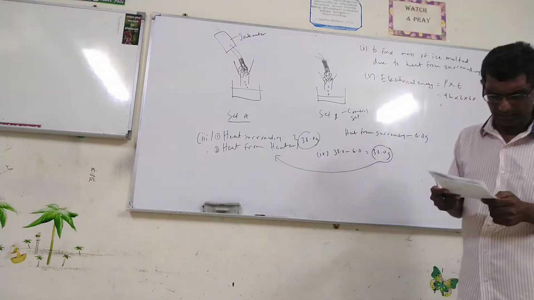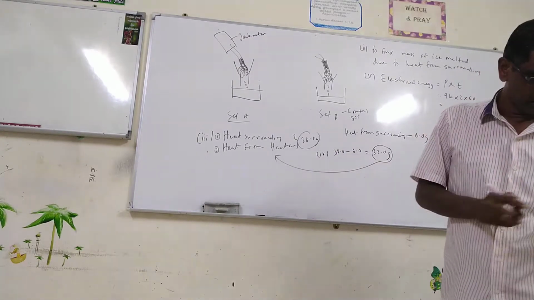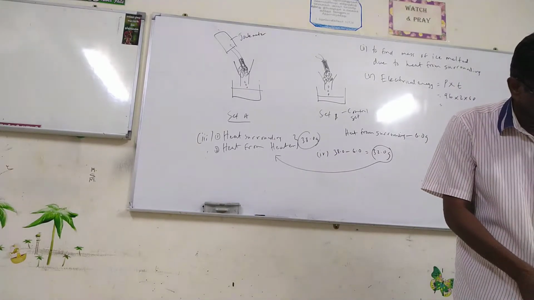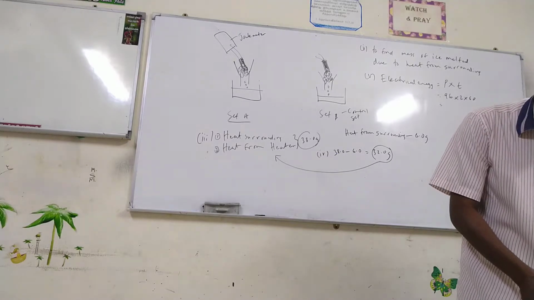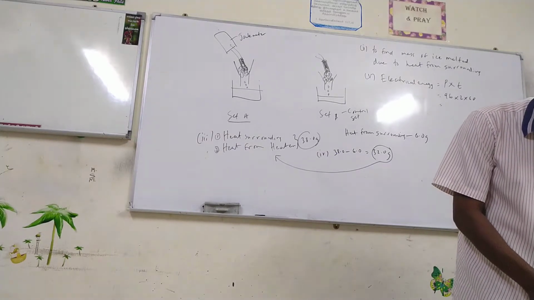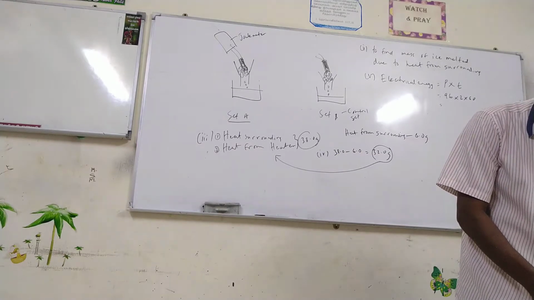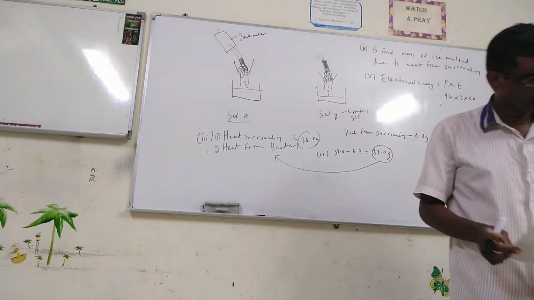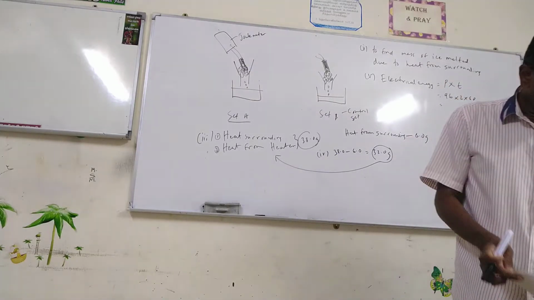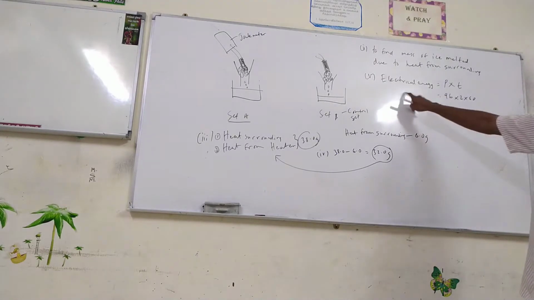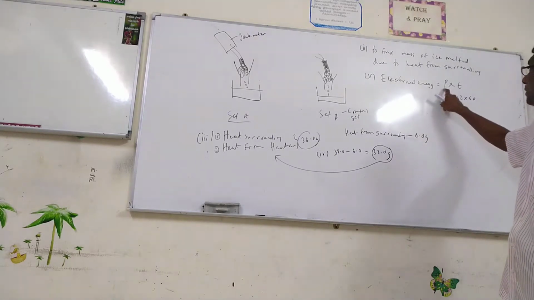So what is the heat energy? Sorry, the electrical energy. Electrical energy formula: power multiplied by time.